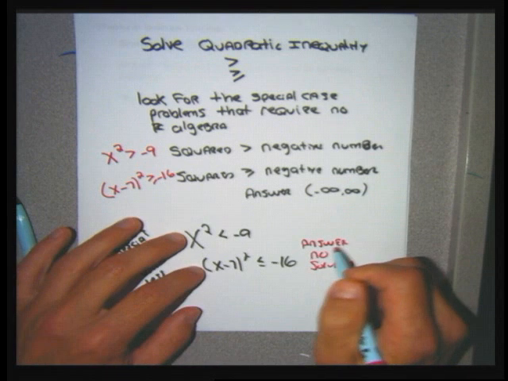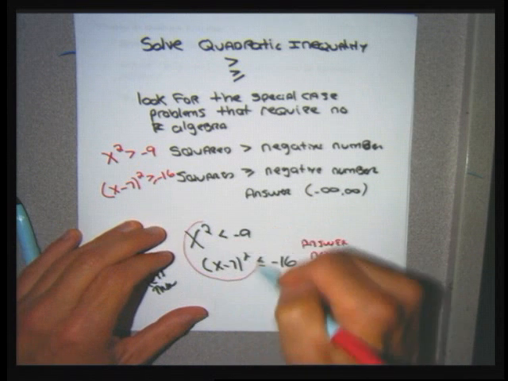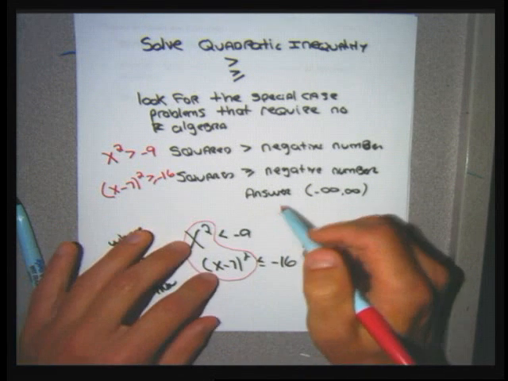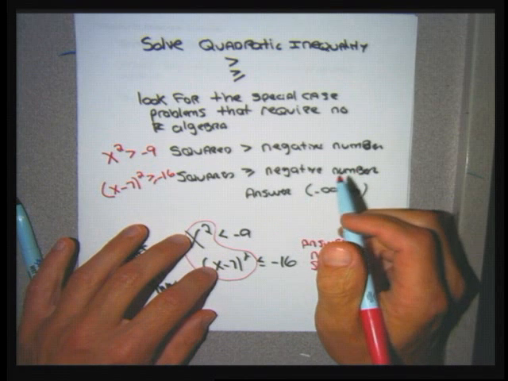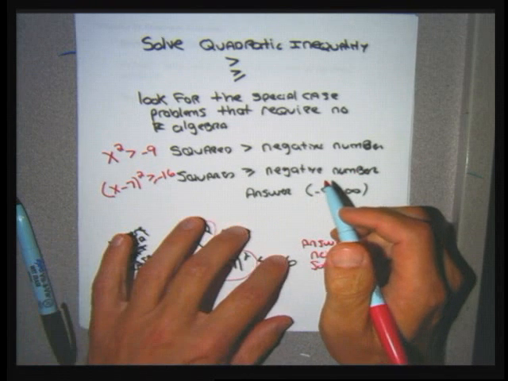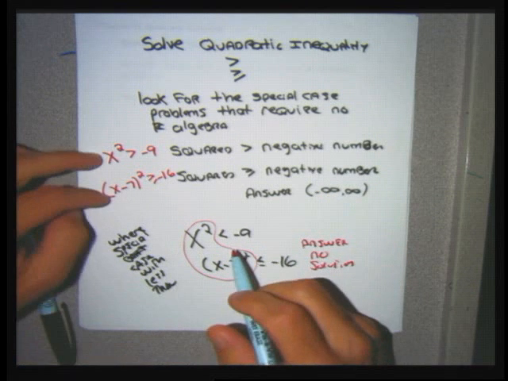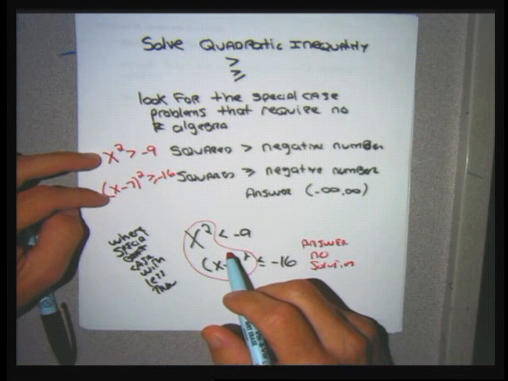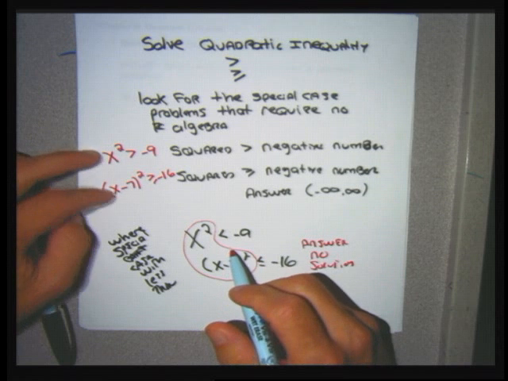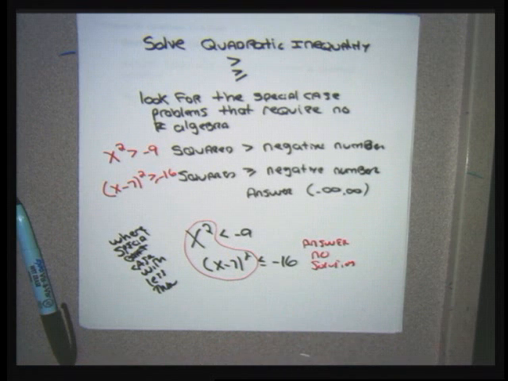Because a positive number, that's what this left side was always going to reduce to. No matter what number you plug in for x, the left side's going to reduce to a positive number, and a positive number is never less than a negative number. So you can never get anything works. Whereas here, no matter what I put in for x, when I square it, it becomes positive, and a positive is always bigger than a negative. So they're kind of opposites in the special cases.